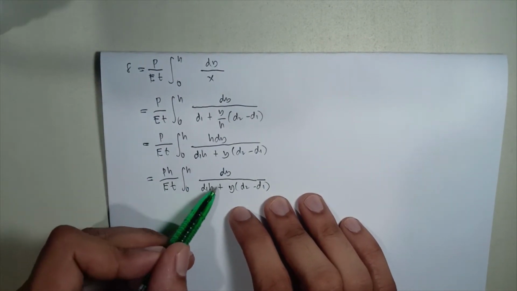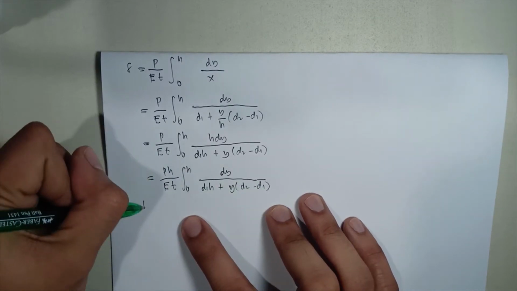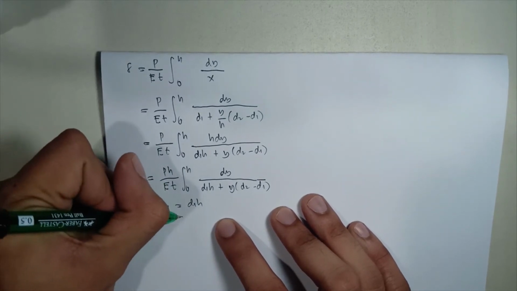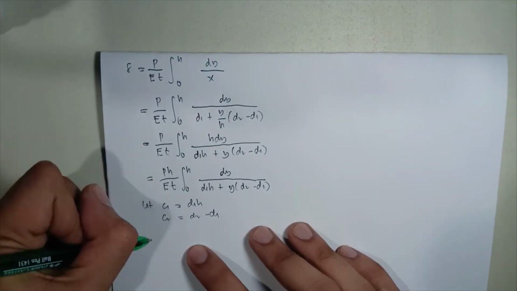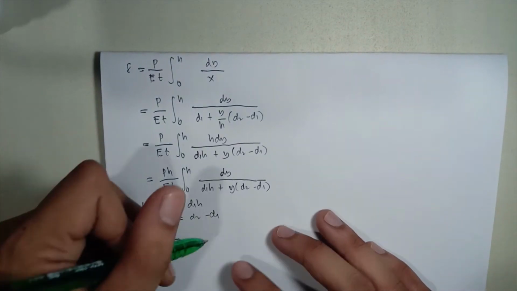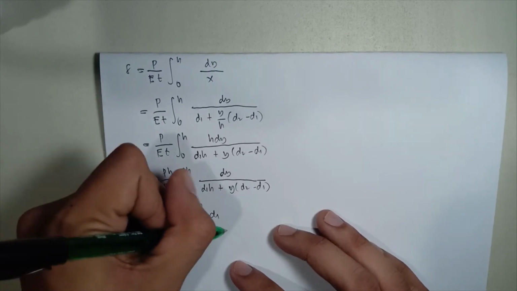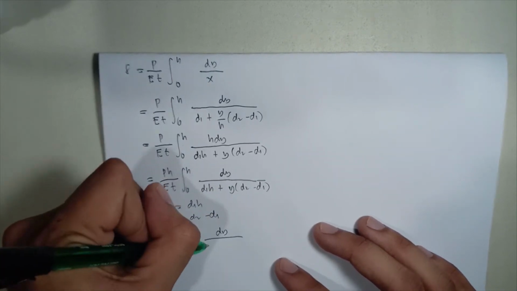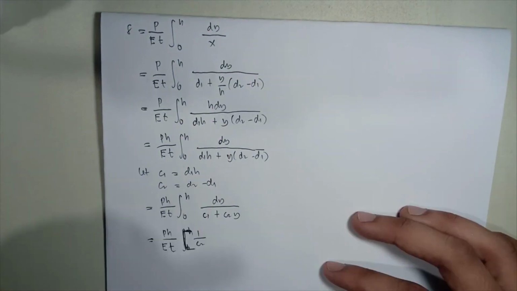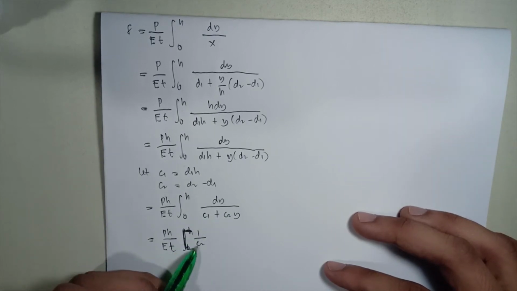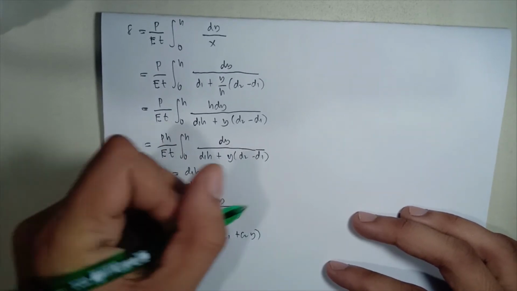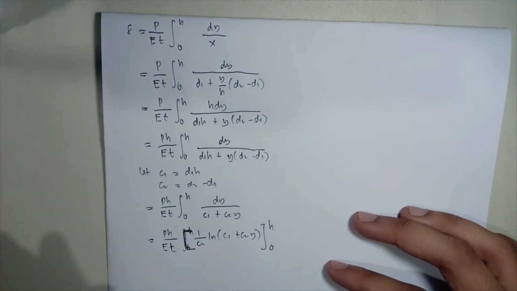So, gawin ko itong isang variable, tapos itong isang variable. So, let C1 equals d1h, then C2 equals d2 minus d1. Yan. Tapos, yung integration nito, guys, is equal yan sa 1 over C2 ln (C1 plus C2 y) from 0 to h. So, ito yung integration niyan, ano?